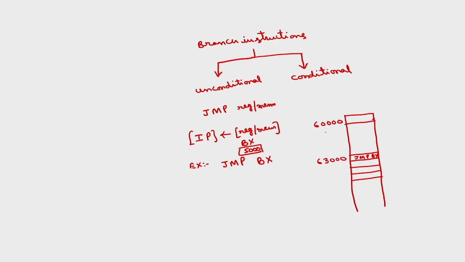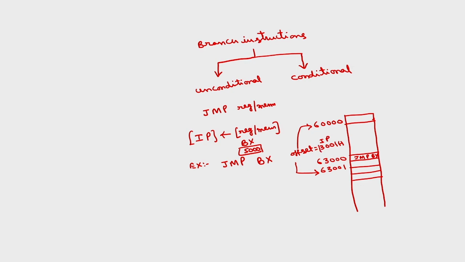So what is the offset here? The next location is 63,001. The offset from the start of the segment to here will be 3001 H. This will be held by the instruction pointer.